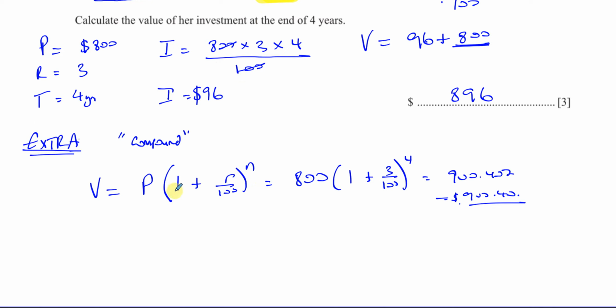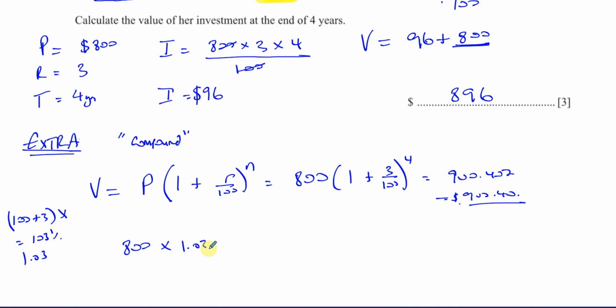So basically the way without using a formula is that you take the original amount, which was 800, and you say, okay, that's going to be increased by 3%. So 100 plus 3%, which is 103%, which is 1.03.